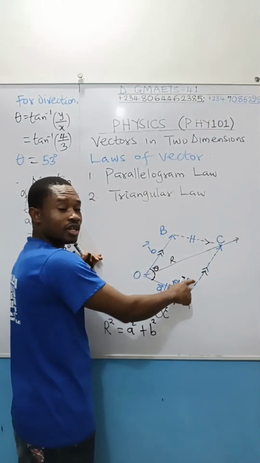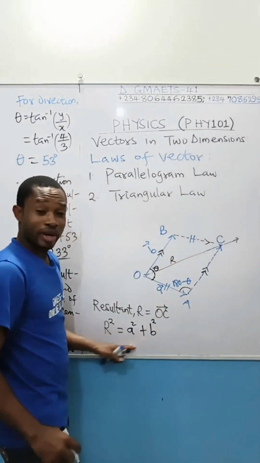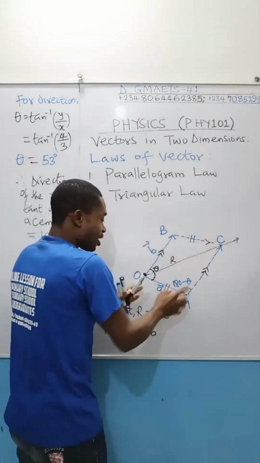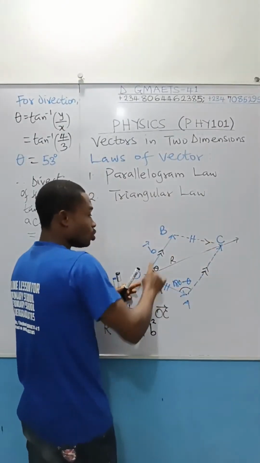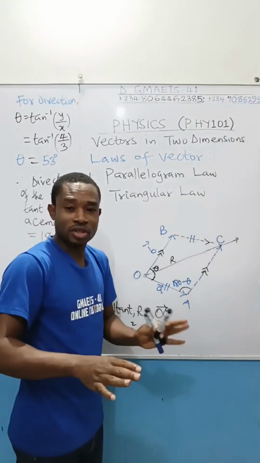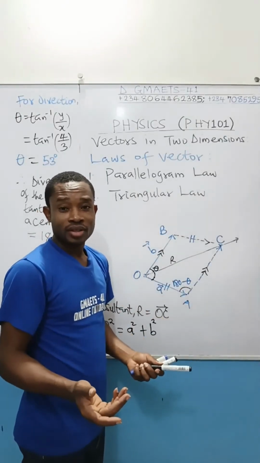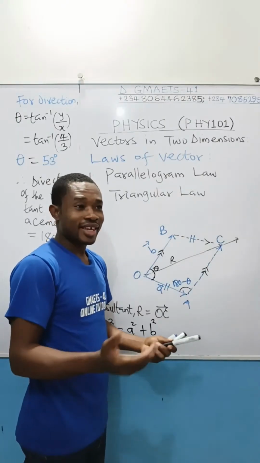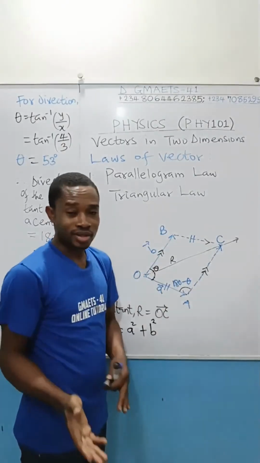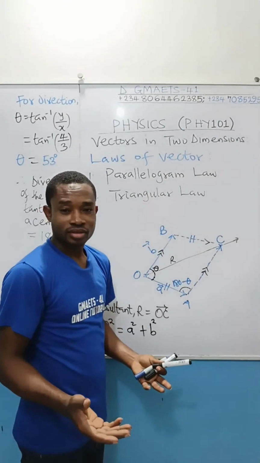Now, the angle facing this resultant is this one, 180 minus theta. If you are using this angle facing the resultant, what you are seeing is the Pythagoras formula. But because this diagram, like OAC or OBC, is no longer a right angle triangle, it's another type of triangle, either scalene or isosceles, or even equilateral.